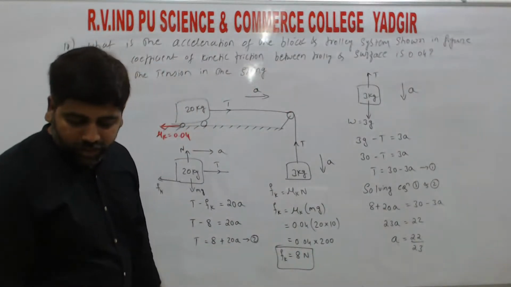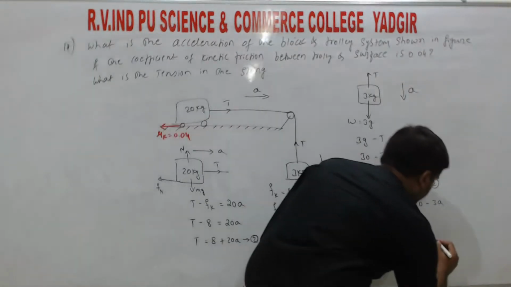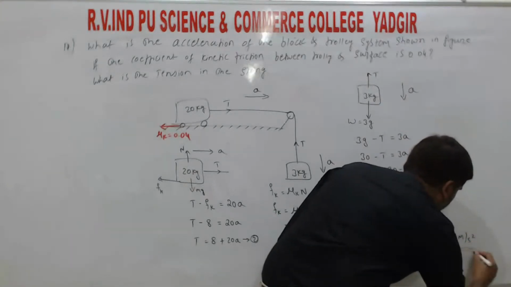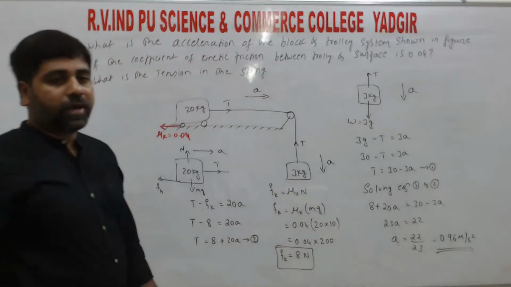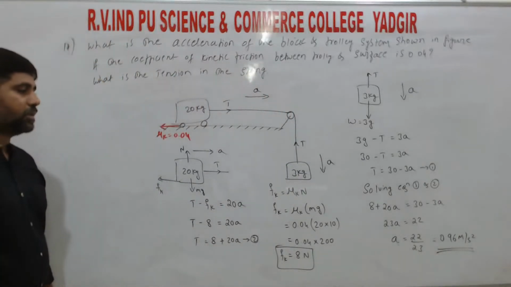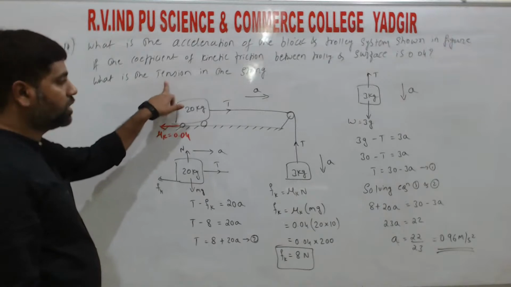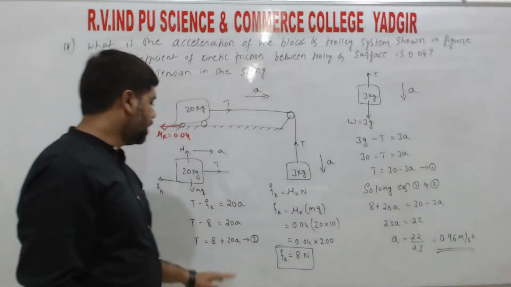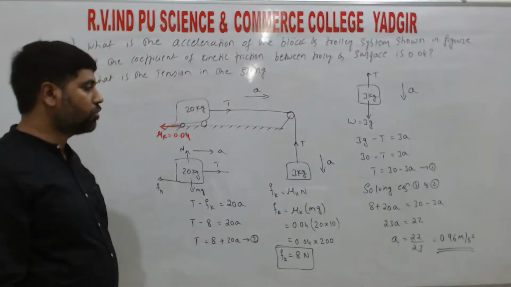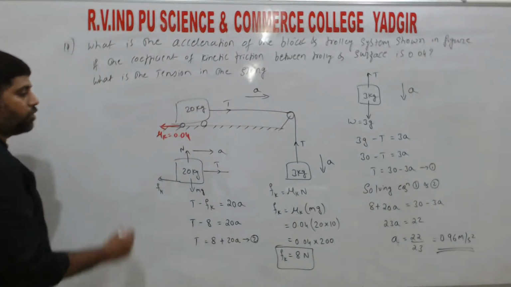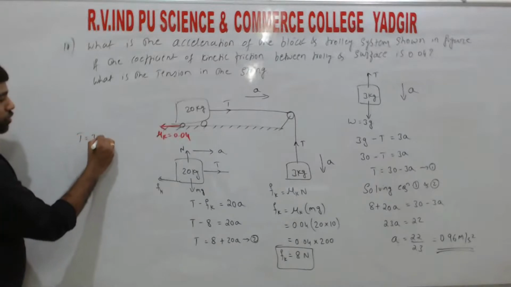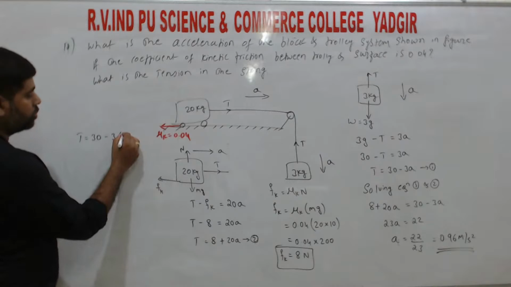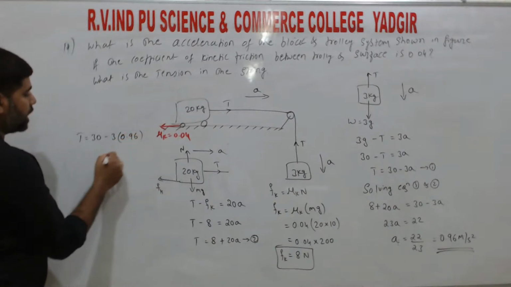So we get that value of acceleration, that is 0.96 meter per second square. So 22 by 23, we get the value 0.96. So now again, if they ask for the tension in the string, substitute the a value in equation 1 or in equation 2. If you substitute in either one, we get the value of the tension. So T is equal to, substituting that in equation 1, 30 minus 3 into 0.96.